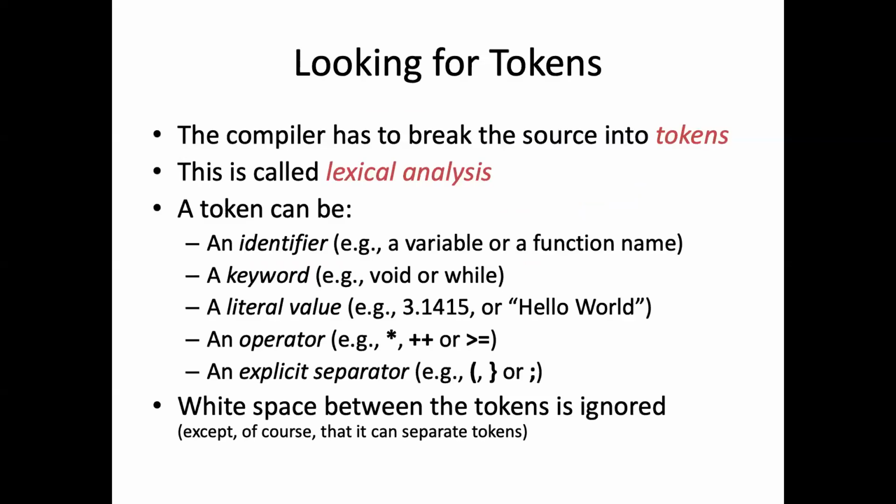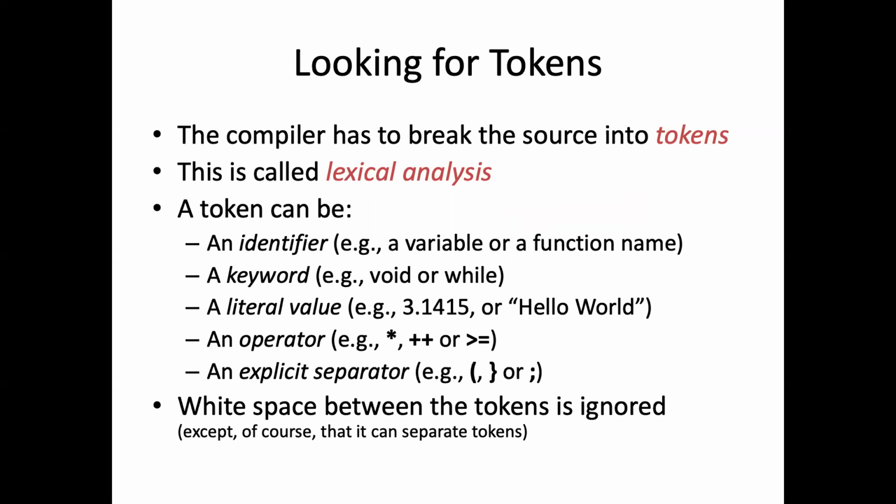We said the next step in compilation is lexical analysis. It's looking for tokens in our program. I've said informally that tokens are kind of like the words and the operators in your program. More specifically, a token could be an identifier, a variable or function name that you made up. It could be a keyword in the language, like void or while or for, or reserved words like int.